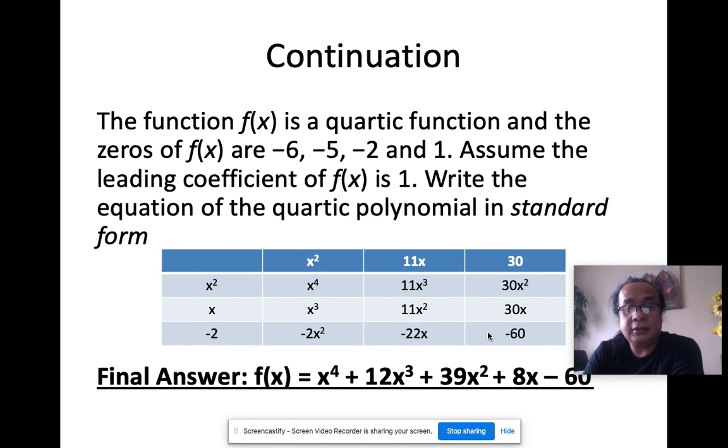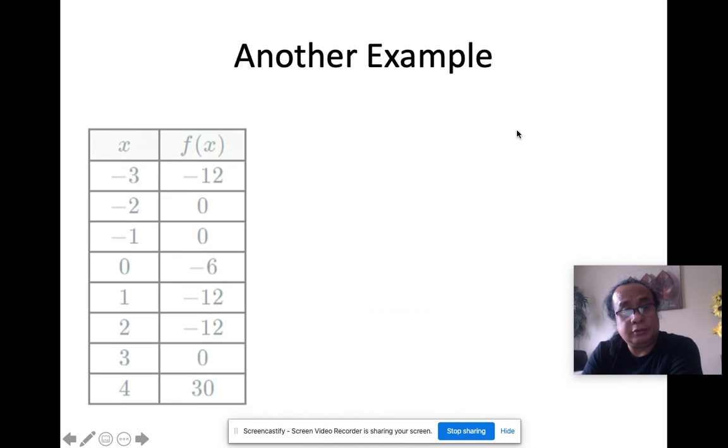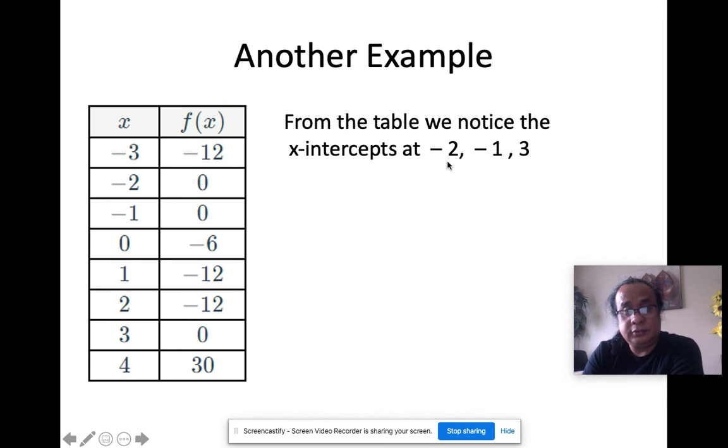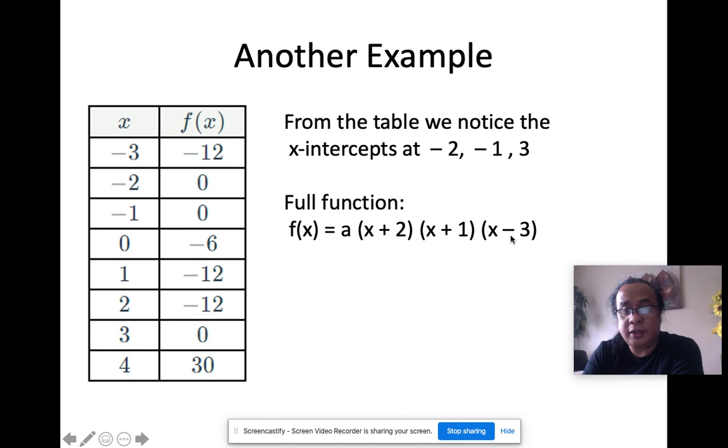Okay. Now, in some cases, you're given a table. Okay? Now, what's the equation based on the table? Okay. Now look, the x-intercepts are from here, -2, -1, and 3, which means we have a cubic function, which means we have x-intercepts, implying that we have x plus 2, x plus 1, and x minus 3 as factors, and then we don't know a.